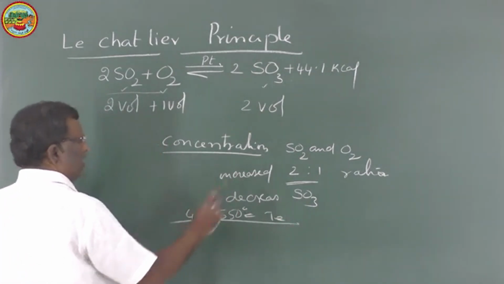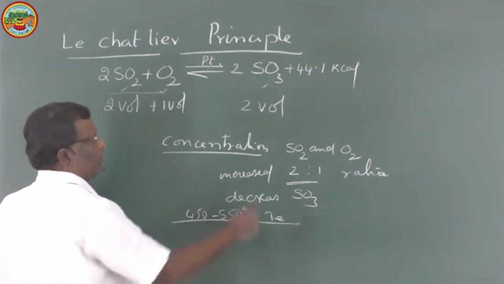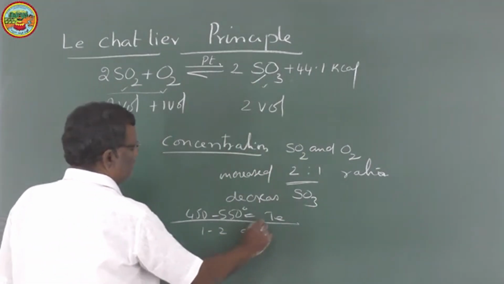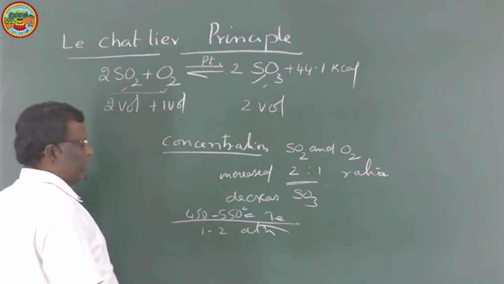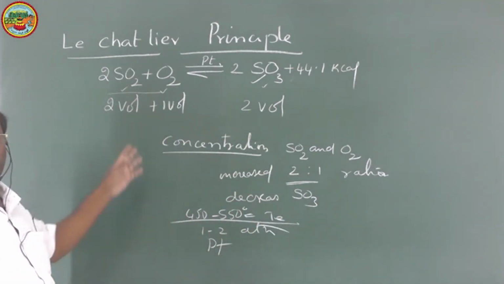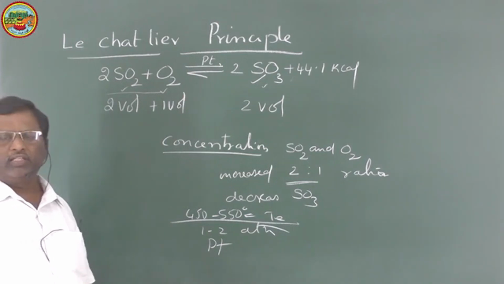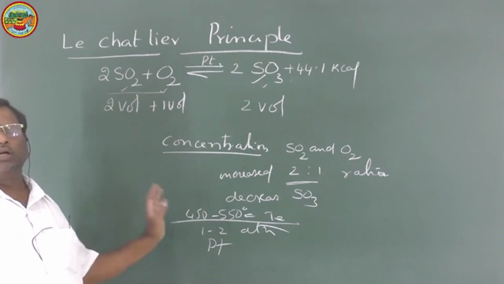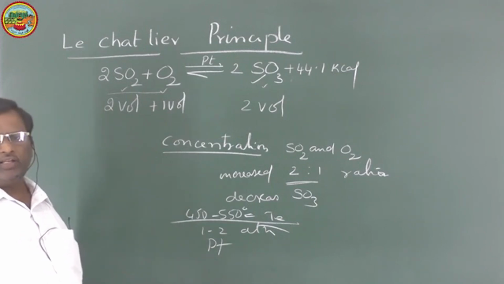Next, pressure: high pressures favor forward reaction, but because of the acidic nature of SO3, only 1 to 2 atmospheres pressure will be maintained. Platinized asbestos will be used as a catalyst. These are the 4 optimum conditions that we have to take in the preparation of SO3 by contact process.